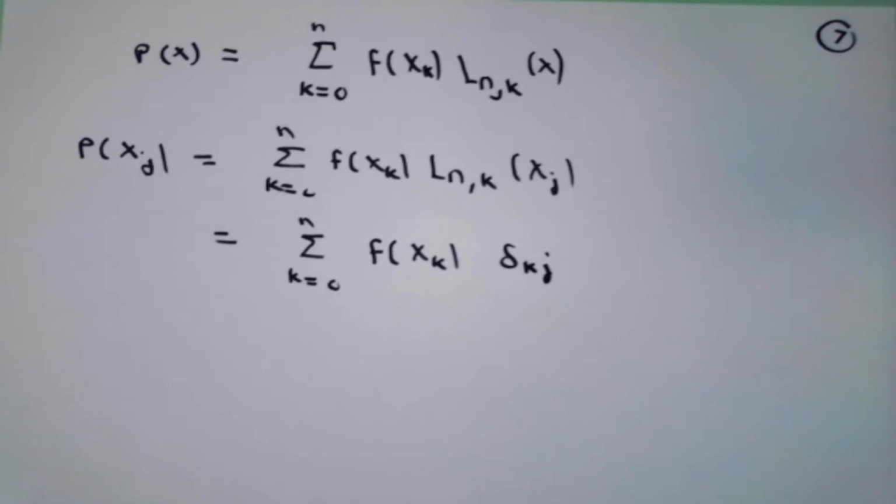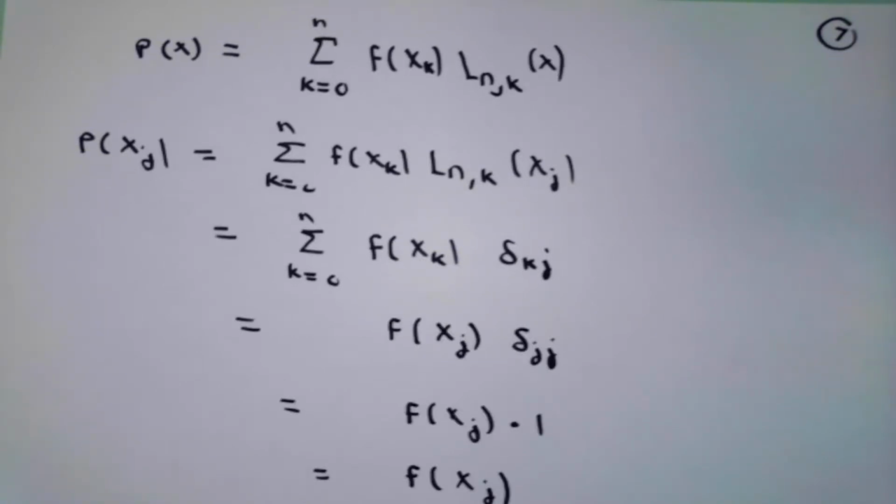If I evaluate polynomial p at x number j, what I end up with is the sum k equals 0 to n of f of xk delta kj. All of those terms are 0 except for one of them.